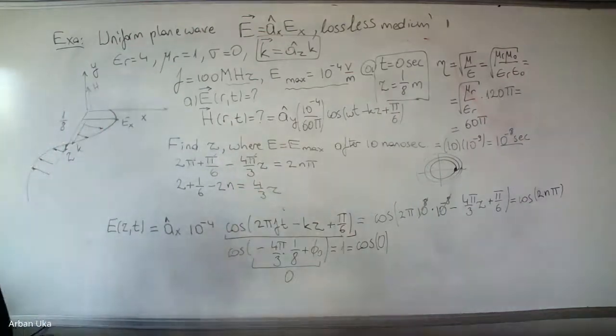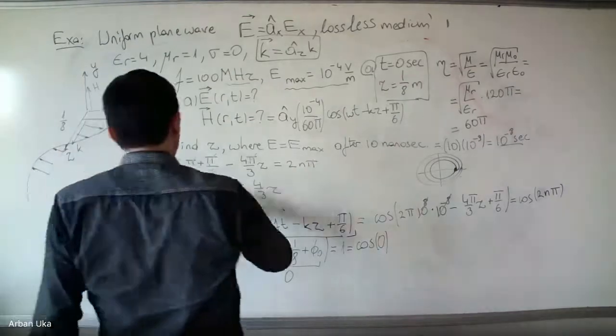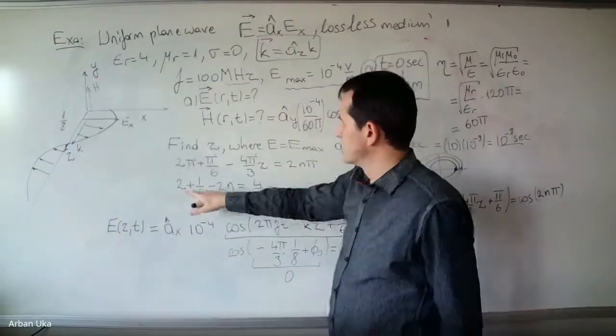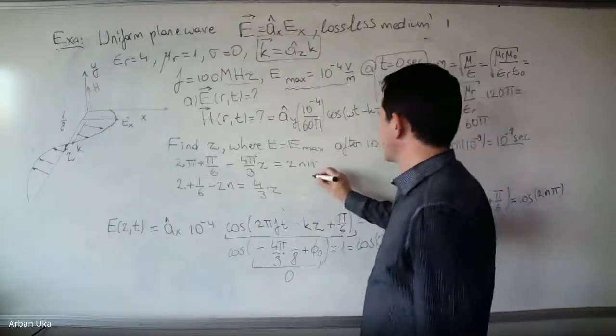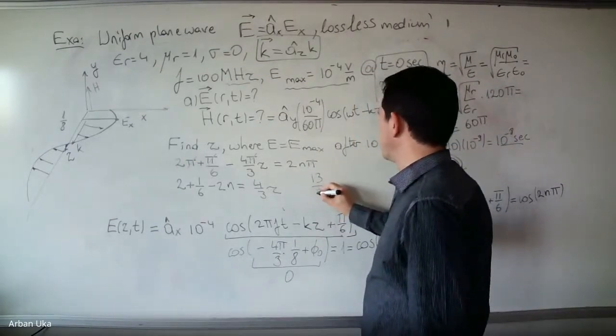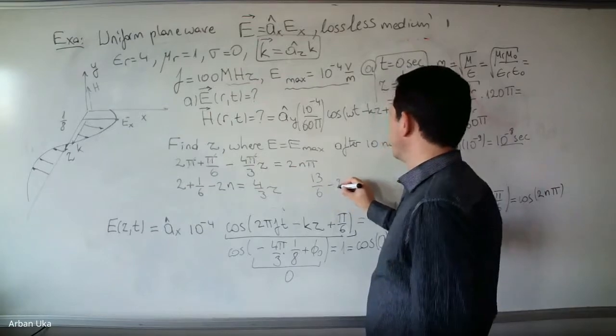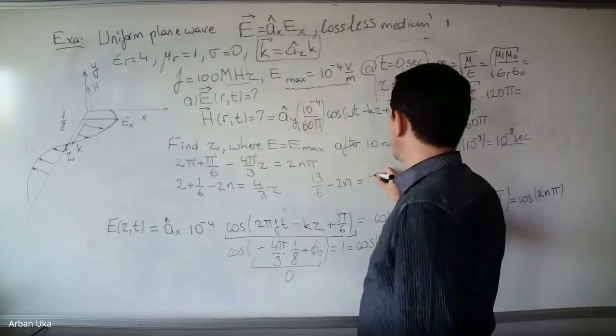Okay, so apparently we found z. We just need to multiply everywhere with 3 over 4. And here we get 2 plus 1 over 6, that's 13 over 6. So this is 13 over 6 minus 2n, and this is equal to z, but we multiply with 3 over 4.